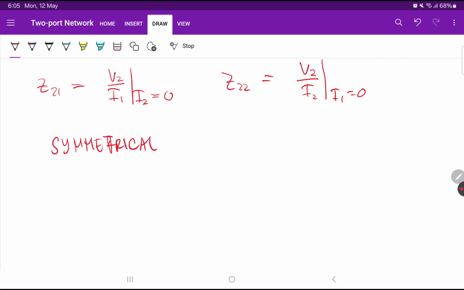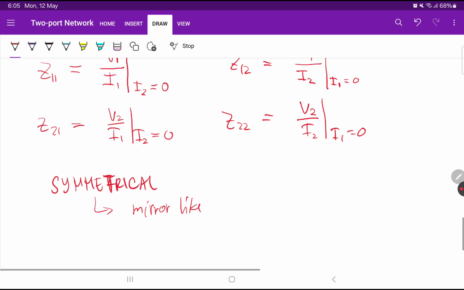When we say the network is symmetrical, this implies that the network is mirror-like. So one half is similar to the other half. It's divided in between by a certain parameter or something. Then the left should be similar to the right. And if that's the case, then the network is called symmetrical.